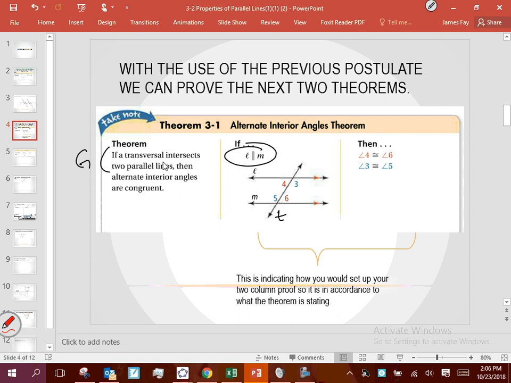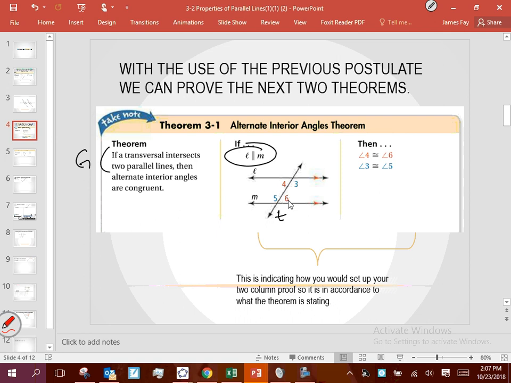The then says, then alternate interior angles are congruent. Well, we need specific alternate interior angles to talk about. So we write some numbers down here, whether you use 4, 3, 5, and 6, or any other numbers or letters you want, that's fine. But 4 and 6 would be a grouping of alternate interior, or 3 and 5 would be a grouping of alternate interior. We're going to pick one of those groups and see if we can prove maybe 4 and 6 congruent.